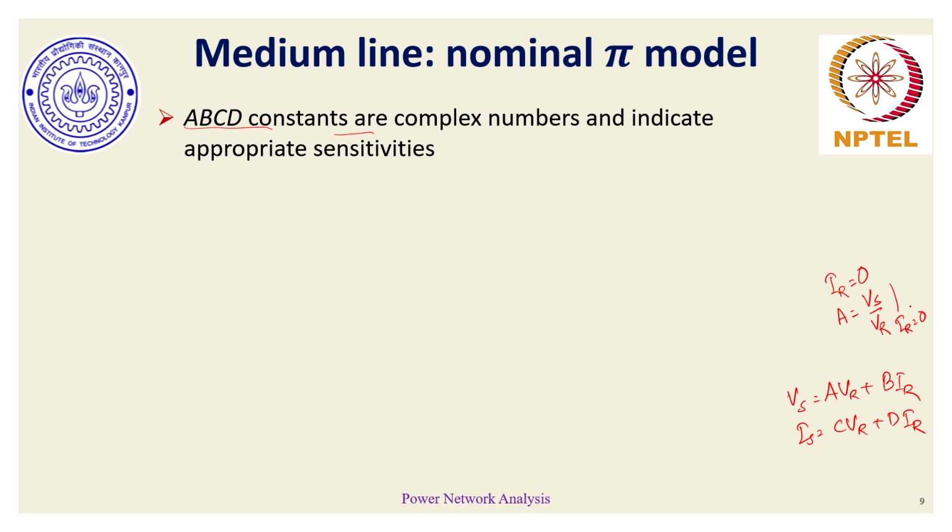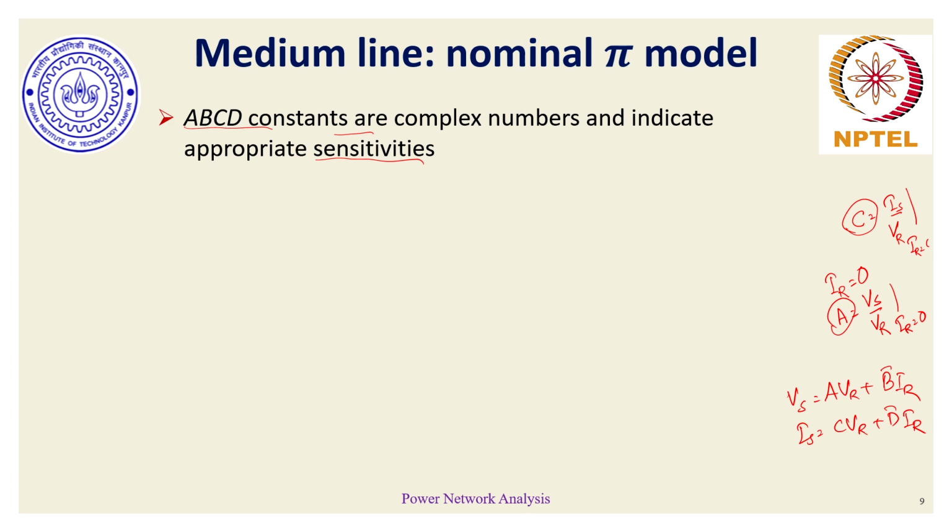Similarly, the value of C is equal to Is by Vr, again on the condition of IR being equal to 0. So C and A are essentially sensitivities of the sending end voltage and current with respect to the receiving end voltage, and that's the reason for the notion of defining sensitivities. A similar notion is also true for constants B and D when the receiving end part of the medium line model is shorted, where VR becomes 0.